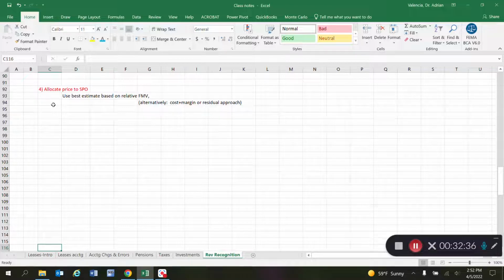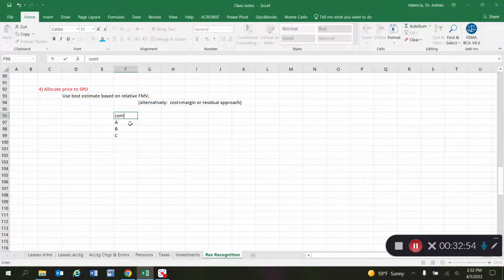Now, one of the best ways to allocate this is to use a relative fair market value method. So in other words, maybe we have 3 services that are being offered: service A, service B, and service C. And the whole contract is for $100.